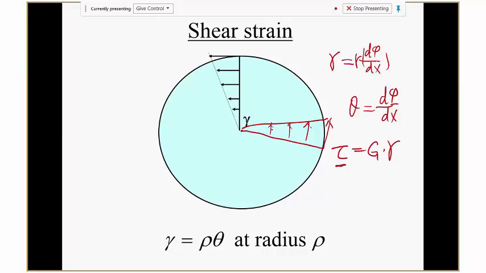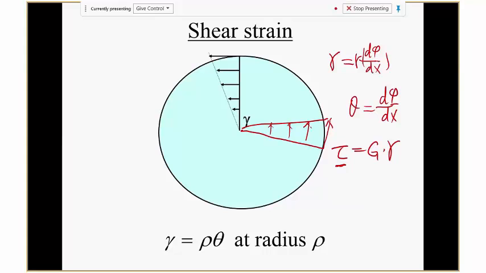So the shear stress has the same pattern, a linear distribution. Strain is not uniform on the cross section, and stress is also not uniform. There is a linear relation: inside is 0, the outside edge is maximum, and they form a straight line.